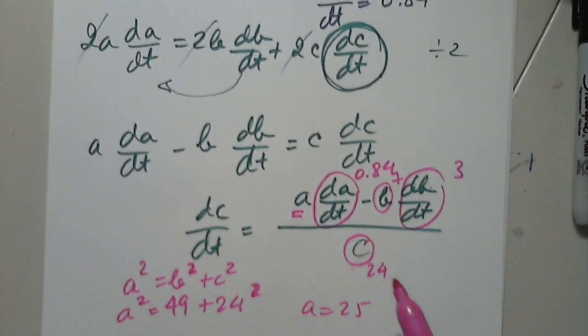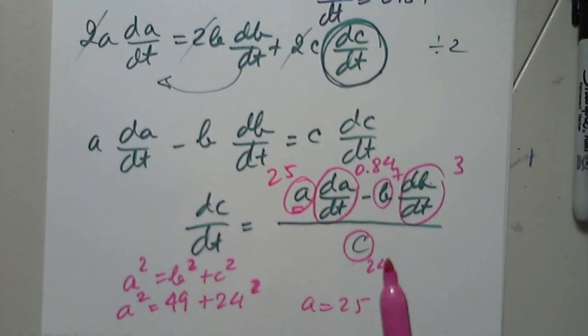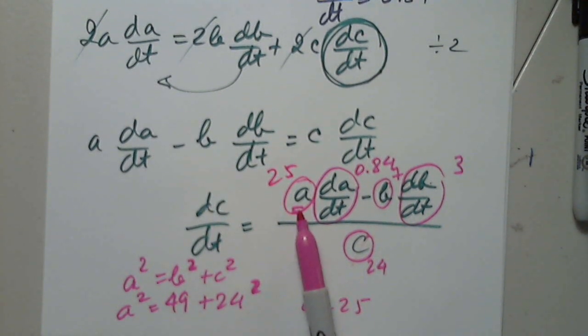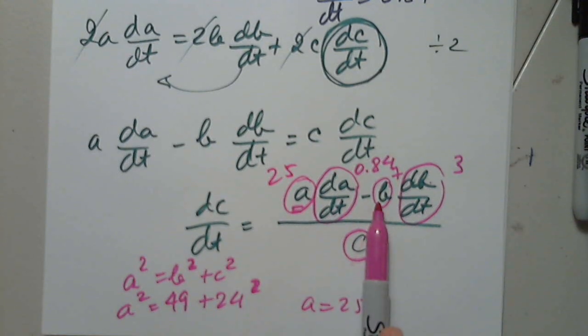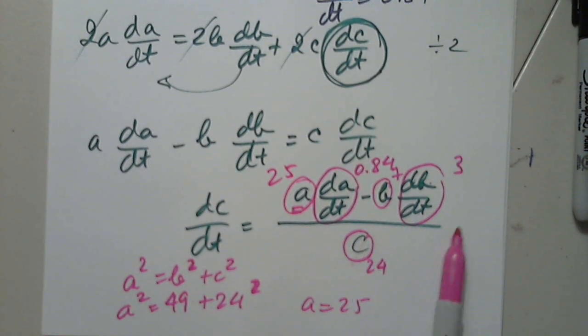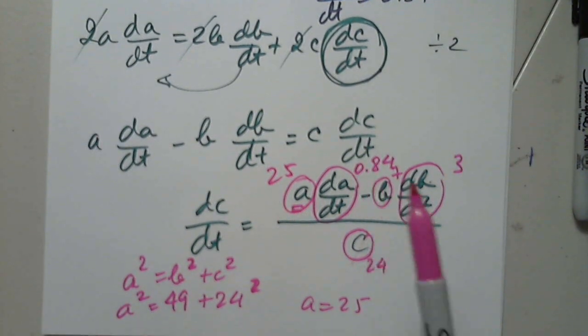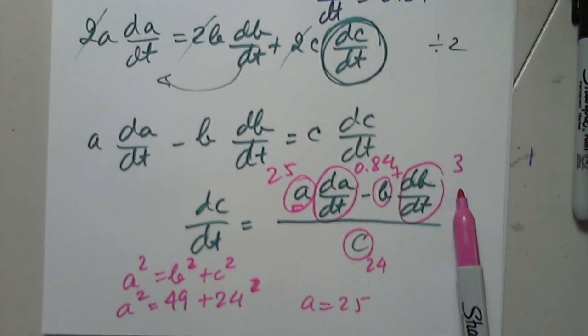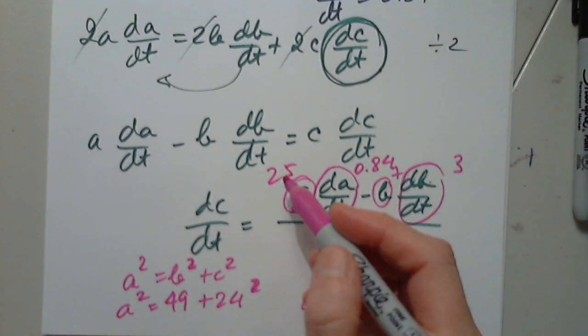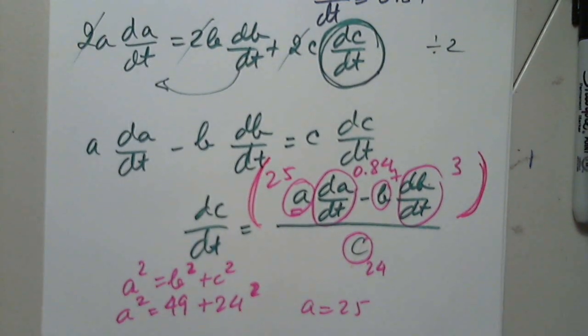So then we have everything. We have A, which is 25, because we were given B and C. This was given, this was given, this was given, this was given. Now I carefully have to plug them in. 25 times 0.84 minus 7 times 3, everything divided by 24. But don't forget parentheses around the top.